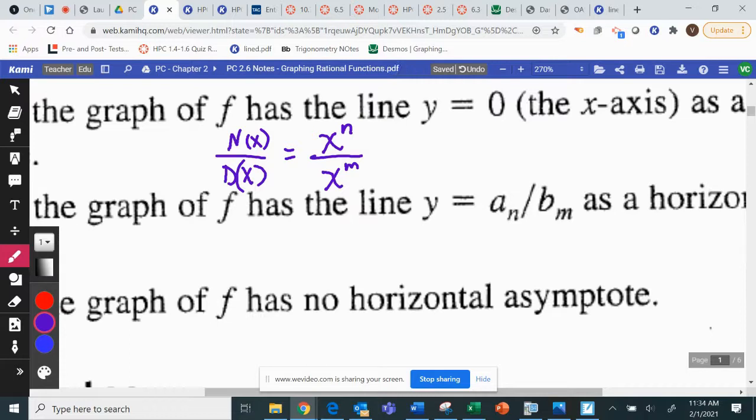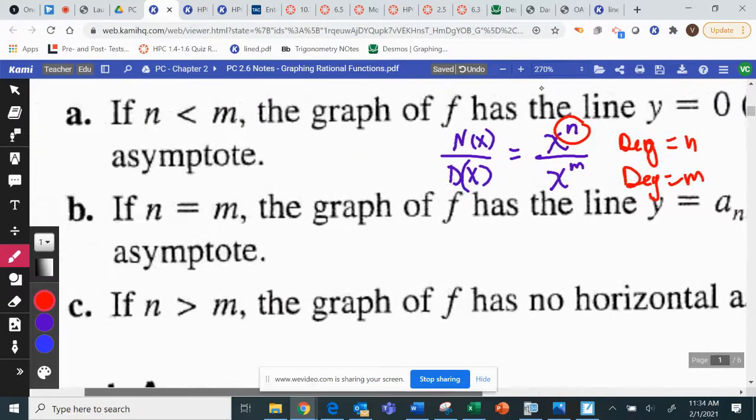Okay, so this is just a really simplified version. It won't always just be x to the 5th or something on top. There's usually other stuff going on with it, but all you're going to look at is the degree. And remember, to get that degree, if it's in standard form, you use the first exponent. So the degree on top would be n, and the degree of the bottom is m.